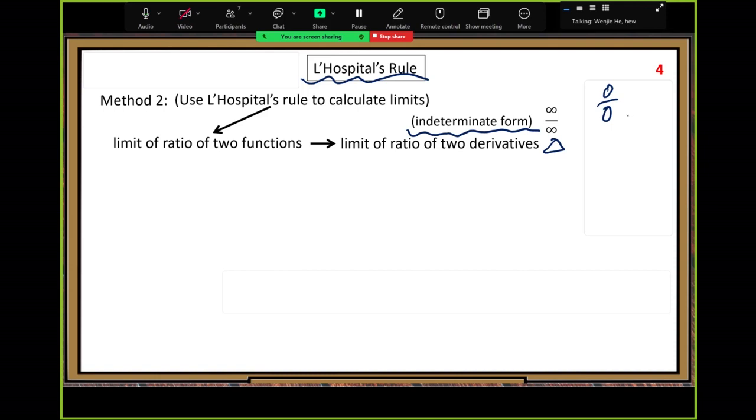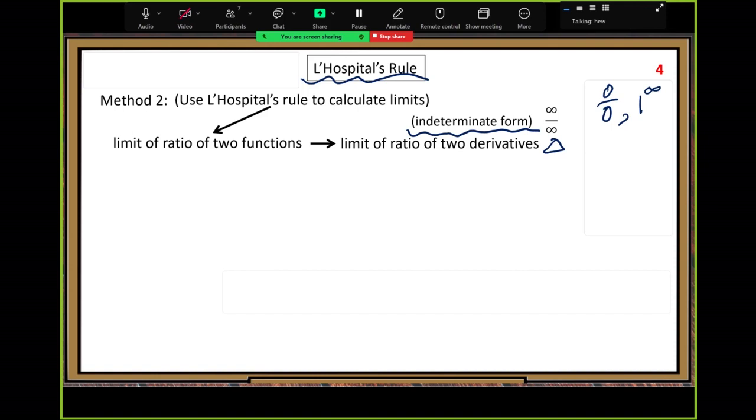Another one, 1 to the infinity: the base goes to 1, but the exponent goes to infinity. Indeterminate.